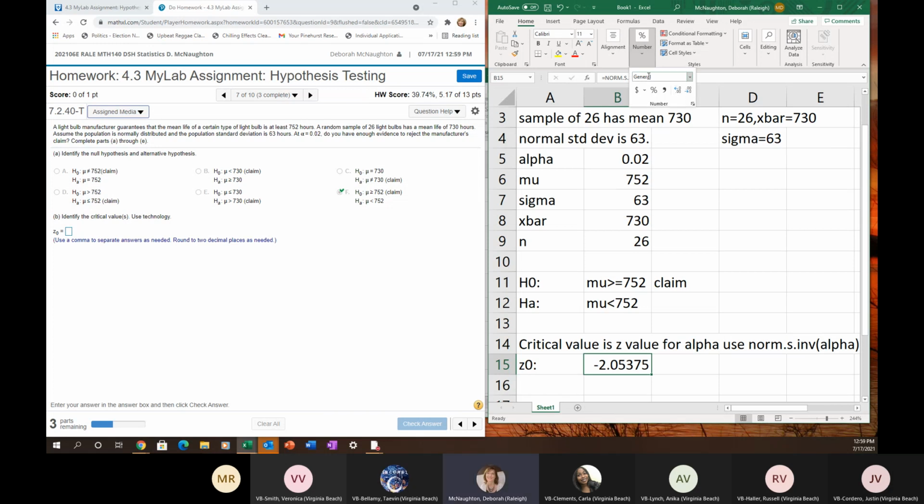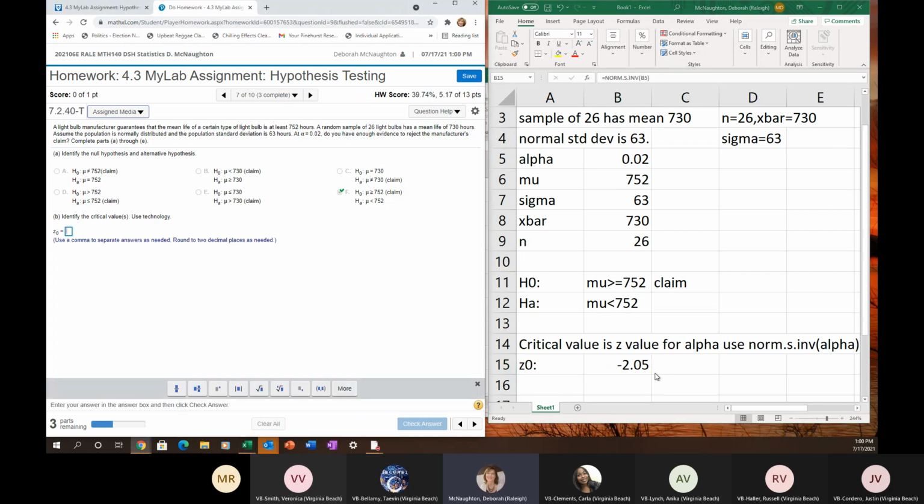Yeah, here we go. It shows up, and this will change my decimal places. So I like to use that and format it to the right number of decimal places, because when you format it to 2 decimal places, it automatically does the rounding for you. This is negative 2.05. And again, if that was a right tail test, this would be positive.